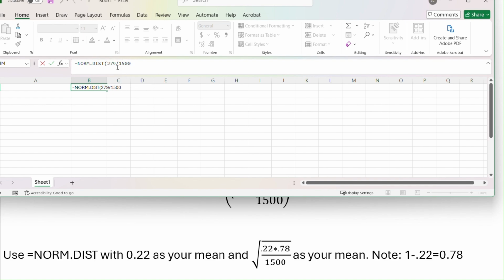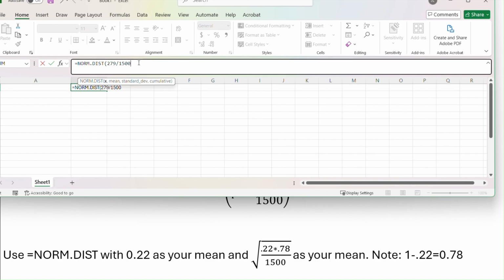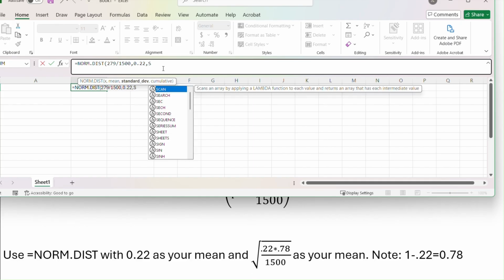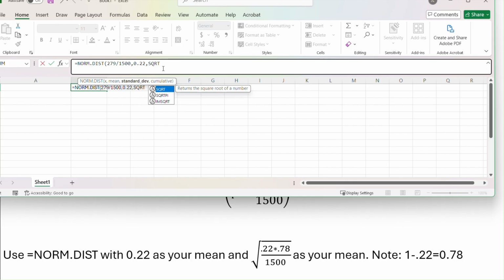My mean is just the population proportion, which is taken to be 22% or 0.22. And the standard deviation is this slightly complicated square root down here. So I'm going to write SQRT, and then in parentheses put what I'm taking the square root of, which is 0.22 times 0.78 divided by 1,500.